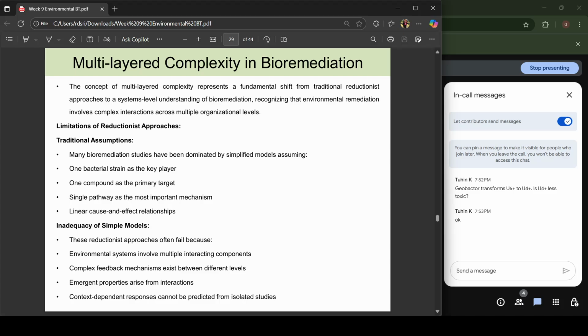We have to understand what are the multiple layers that are present, how the presence of these layers is decided, and how the interactions between these layers determines the overall outcome of biodegradation or bioremediation in a particular habitat is very crucial, and that is what is represented as a multi-layered complexity concept in bioremediation.